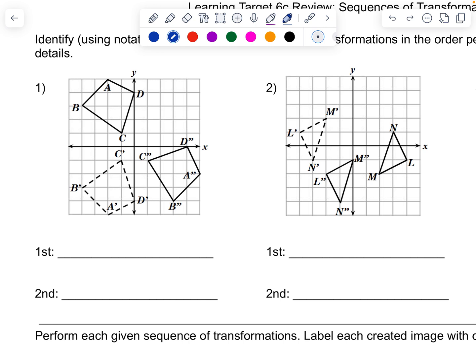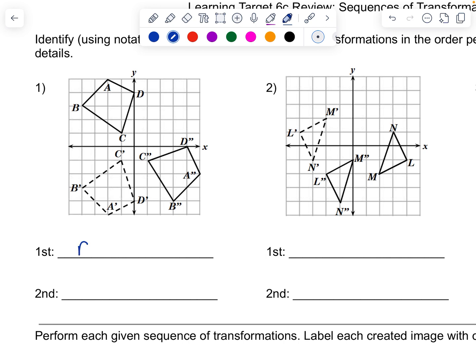Okay, so we want to know, how do we get from this quadrilateral ABCD to this one below it? So you need to look at the orientation of the figure. You know that it really isn't a rotation because it's not turned any. It's not a slide because the A didn't stay up at the top. It's actually a reflection because it flipped.